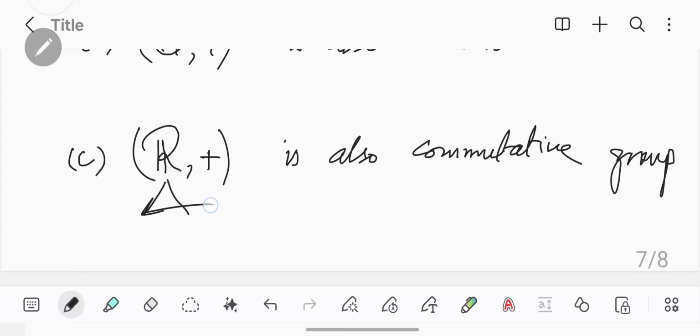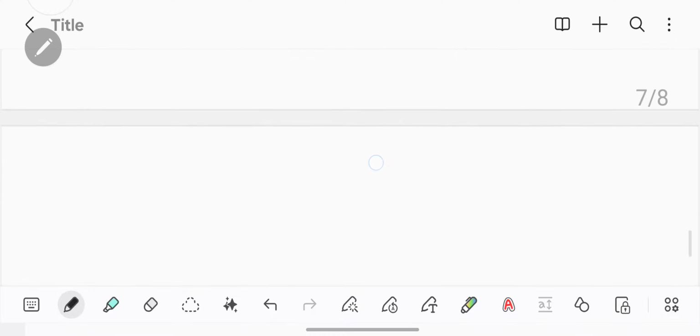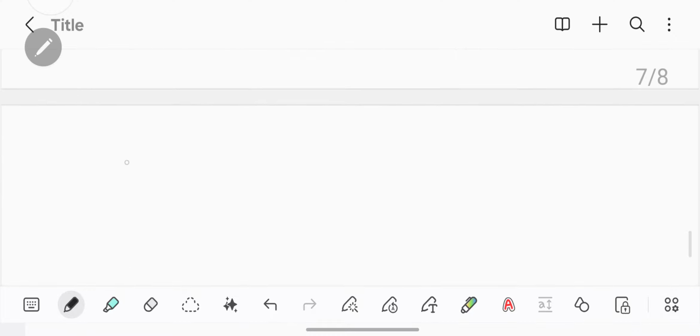So this is true for all real numbers. So that means the set of real numbers is a group with respect to addition, a commutative group actually. What about the set of natural numbers? Here is another example. Let's look. What about the set of natural numbers? Can we say that this is a group?